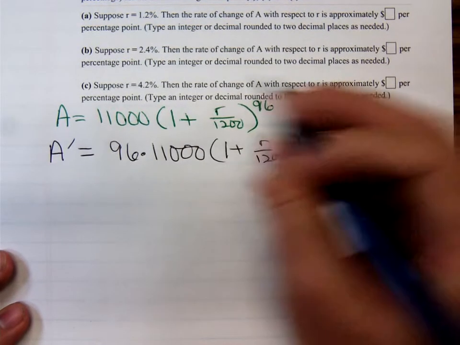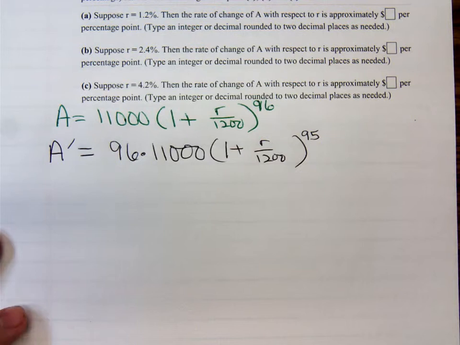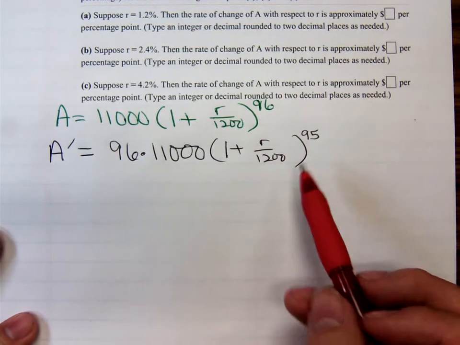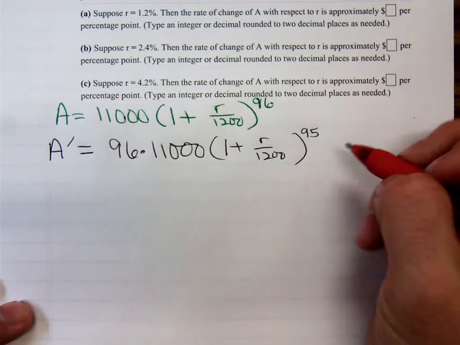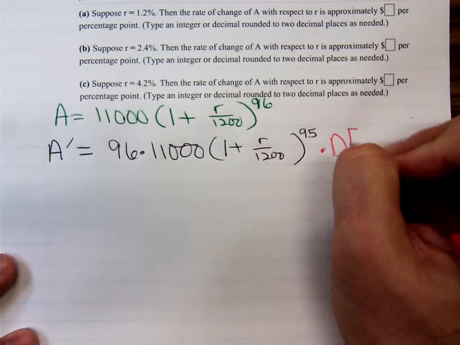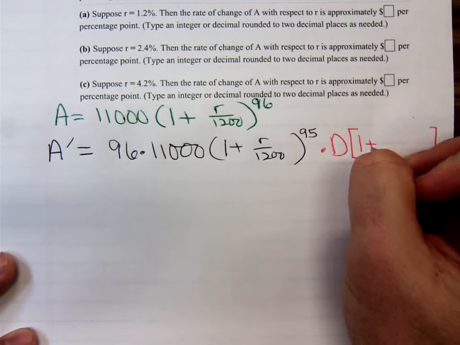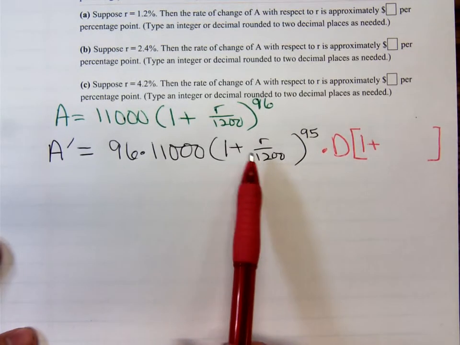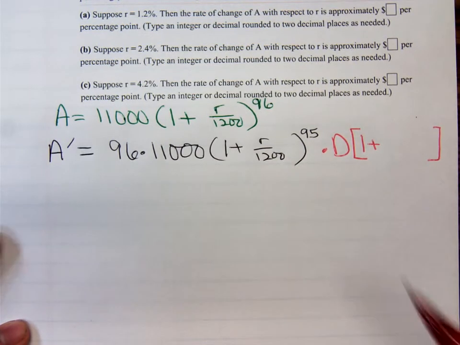Are we finished with the derivative? No. Say no. We're not. We need to differentiate what? We have to now differentiate that inside stuff. And that's a 1 plus. Oh, and by the way, remember, when I have a variable just divided by a number, I think of it as a number times that variable.